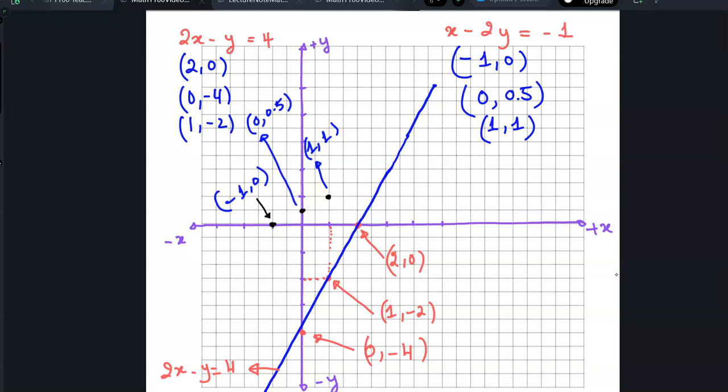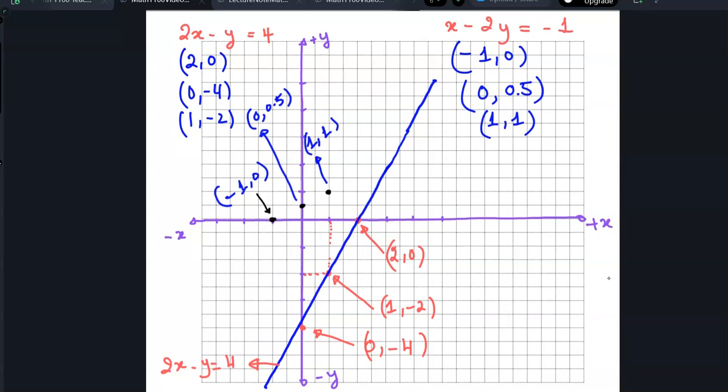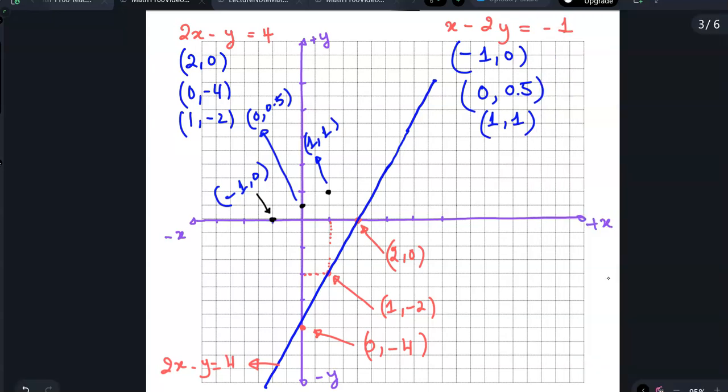Okay, and 3, 2, yeah, okay. So we connect this. What we have is 3.